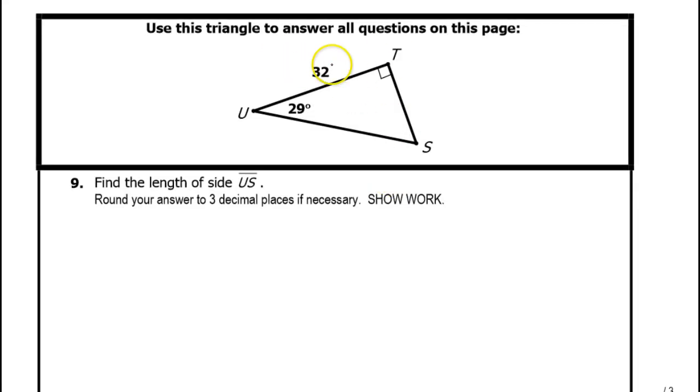Alright, we'll be using this triangle for everything on this page. So problem number 9, find the length of side US. So here's side US. I'm going to put an X right here to remind us. Now there is an angle involved, so you can bet that we're going to wind up using Sohcahtoa.